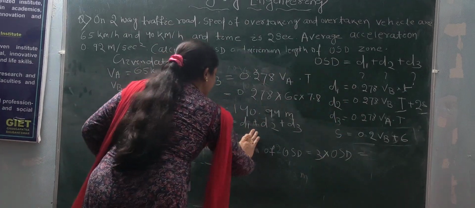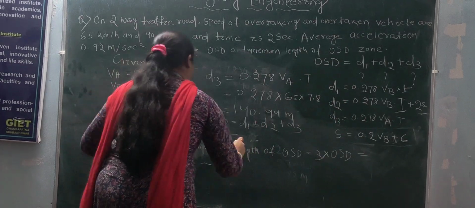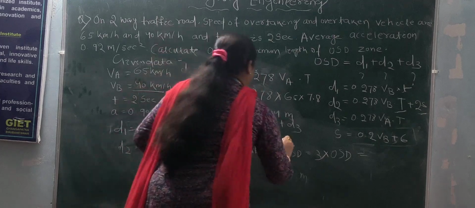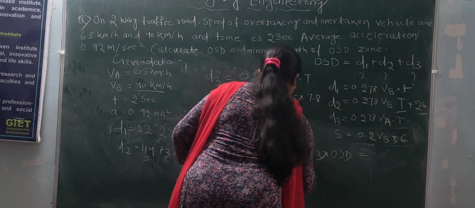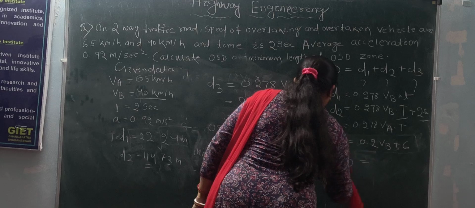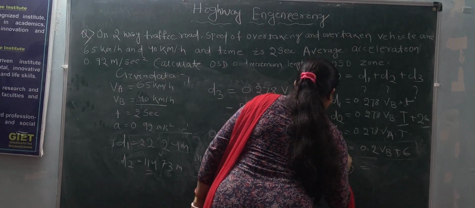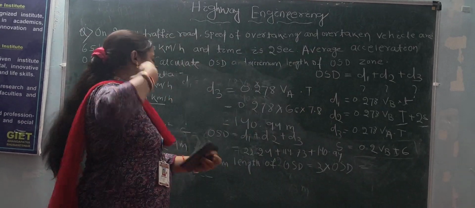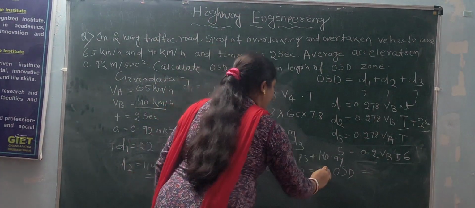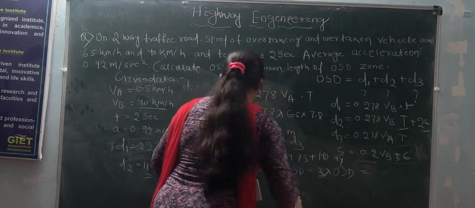So D1 is what? D1 is the 42.24 plus 11473 plus D3 is 140 into 94. We just adding three things, D1 plus D2 and D3, and minimum length of the OST.